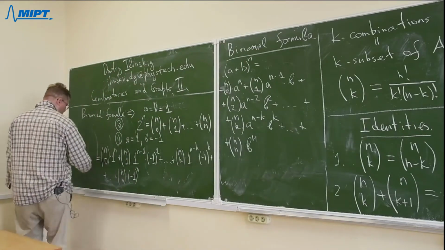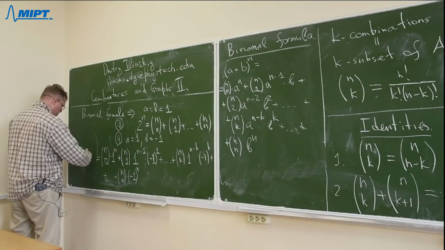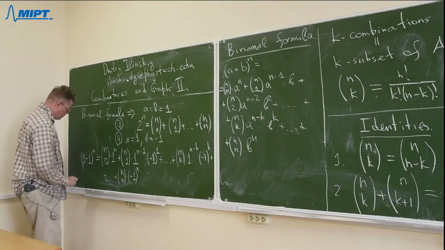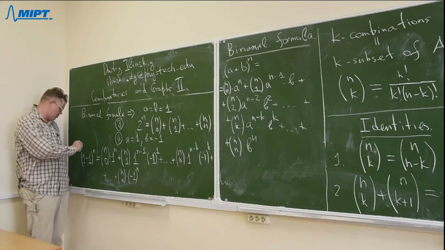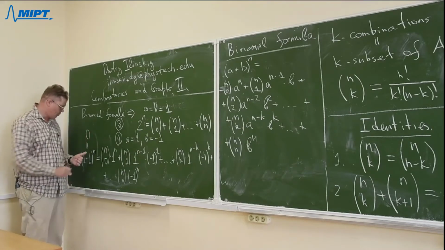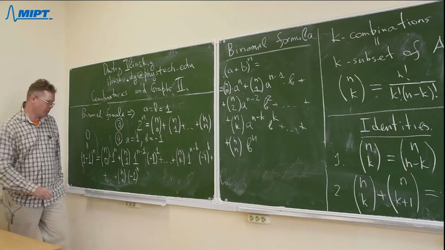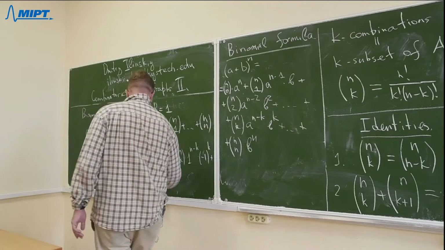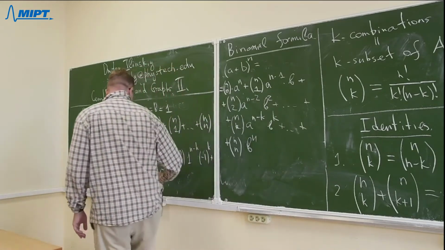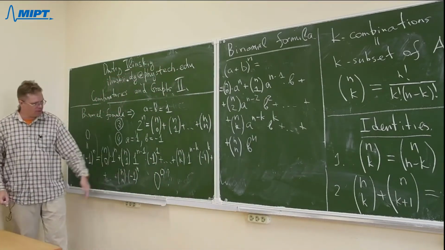And so this is equal to (1 minus 1) to the nth power, which is of course 0, except for one case where n is equal to 0, because then we have 0 to the 0 power, and we don't know what this number is.